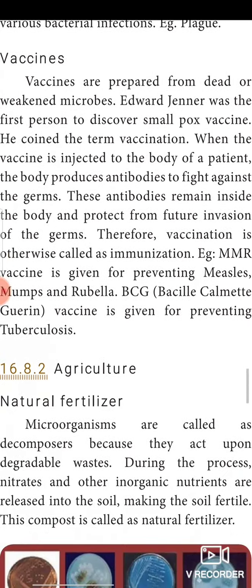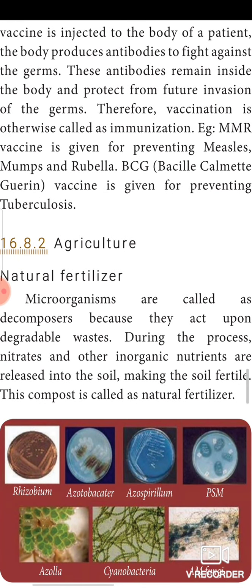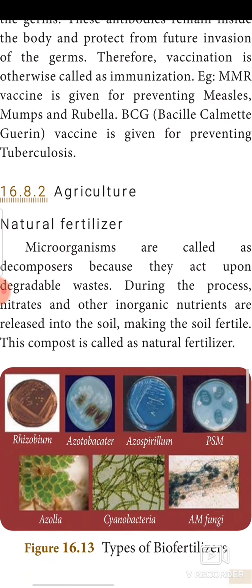The next importance of microorganisms is in the field of agriculture. First, natural fertilizer. Microorganisms are called decomposers because they act upon degradable waste. They cannot degrade non-degradable waste. Plastic and all non-degradable waste, we cannot degrade using microorganisms, but now we produce tons and tons of non-degradable waste around the world.